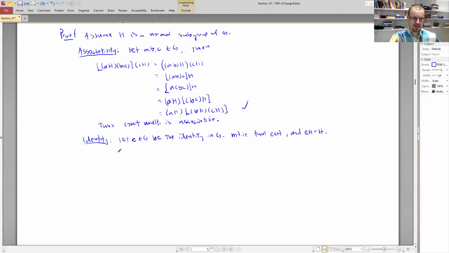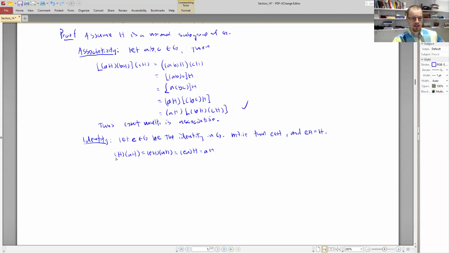But I'm going to do that by noticing that H times AH is equal to EH times AH. No real issue there. But this is E times AH. But of course, that's just AH.